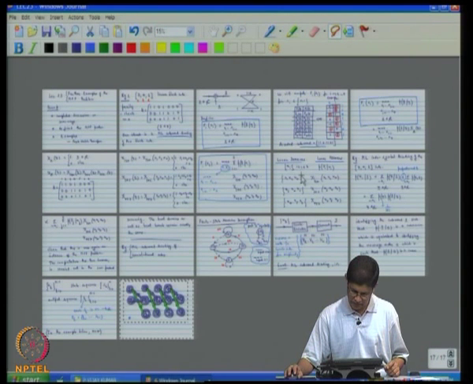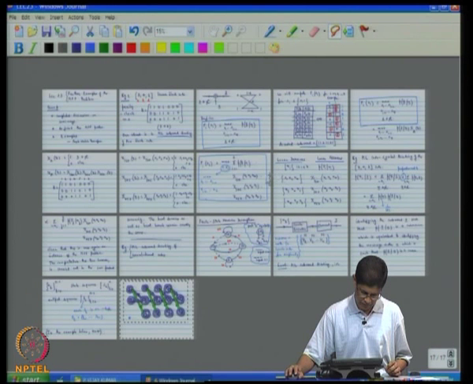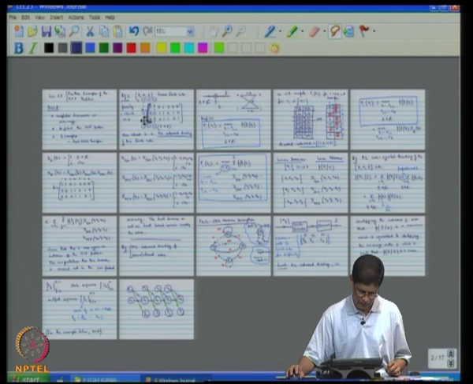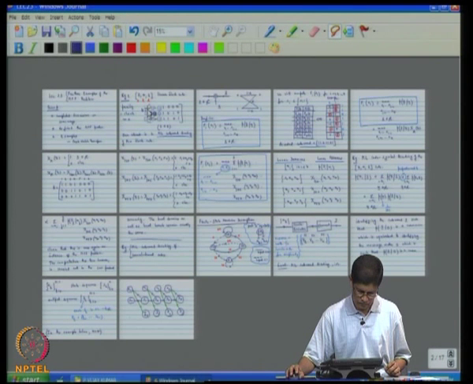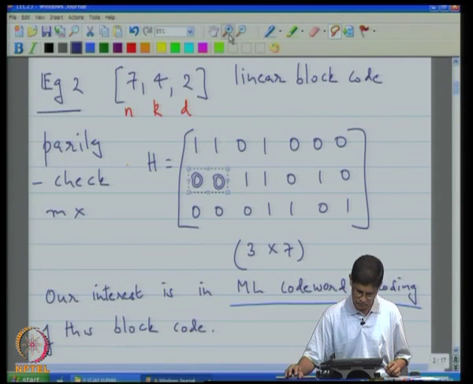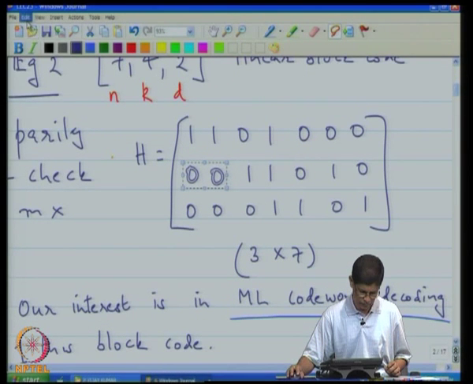So, this is the page that I want, and I am interested in the decoding of our code. I am going to select this page and copy it.